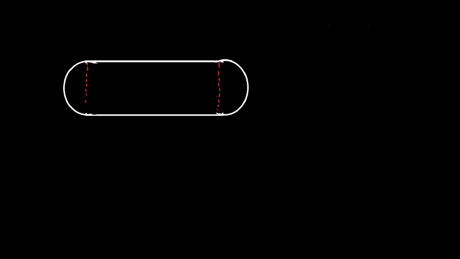Let's assume there's a nice straight line there, and this is 90 degrees. 90 degrees, this has to be straight.